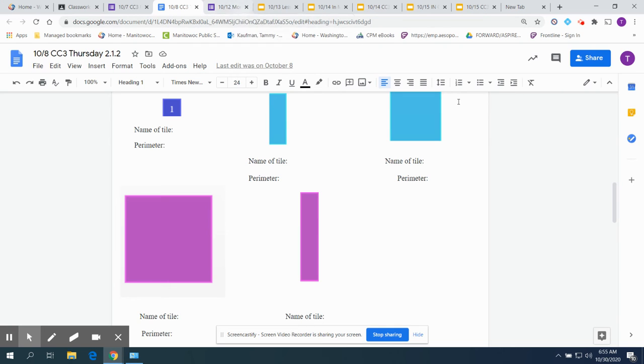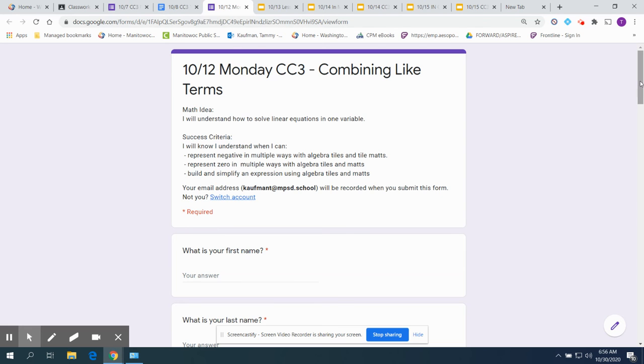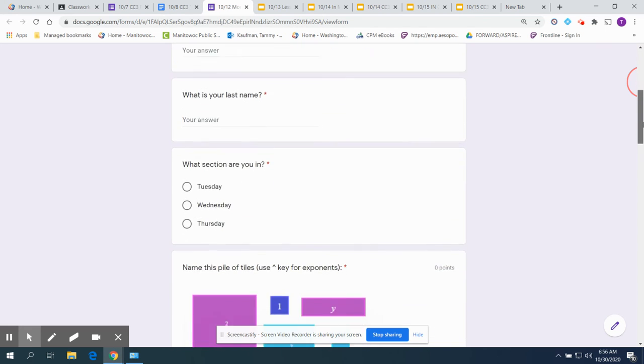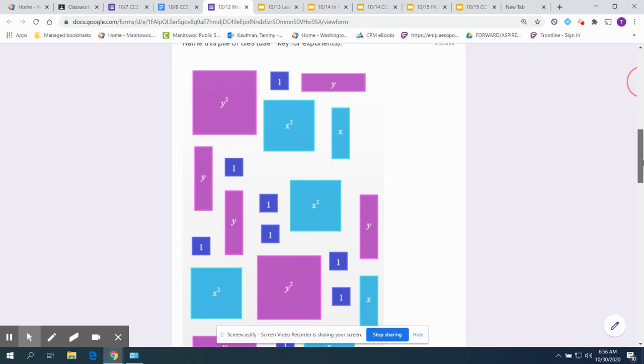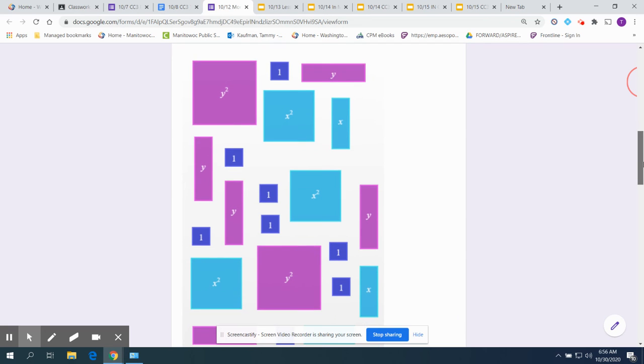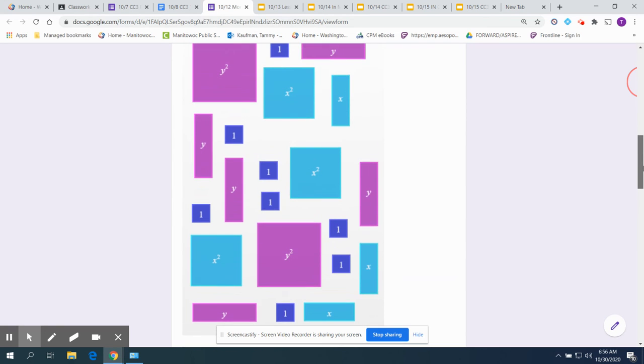Okay? And then when we get into 10.12, we're going to be combining like terms and doing some more piles of tiles. So you have to name this pile of tiles. And when you're naming it, you're just grouping them all together. For example, you want to put the Y squared and the Y squared together. So you would say 2Y squared. Plus, every time that we start with a different tile, we're going to put a plus between it.